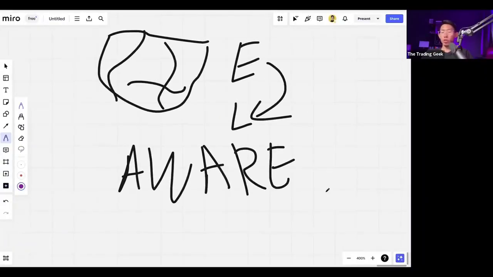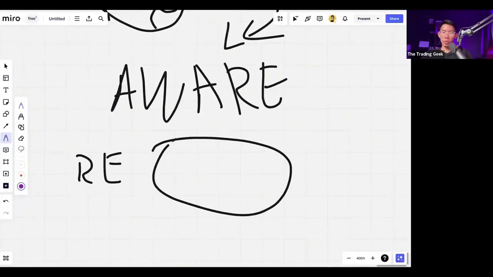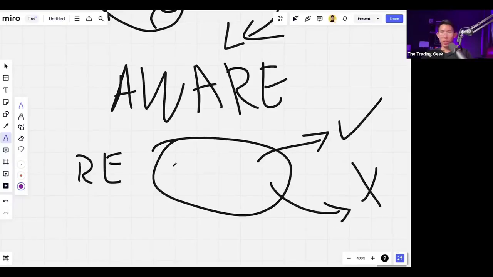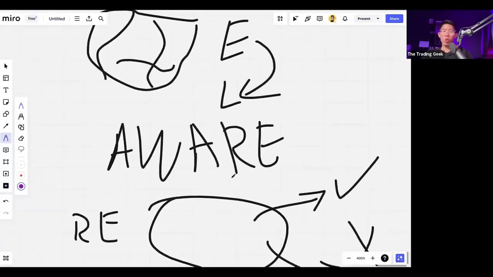Oh, I'm feeling greed. Oh, I'm feeling FOMO. Oh, I'm feeling doubt. And when that happens, take a step back and reevaluate the whole situation and think whether you should actually enter the trade or not. If you shouldn't enter the trade, then don't. All right, so be aware of when the emotion arises and actually reevaluate the situation.